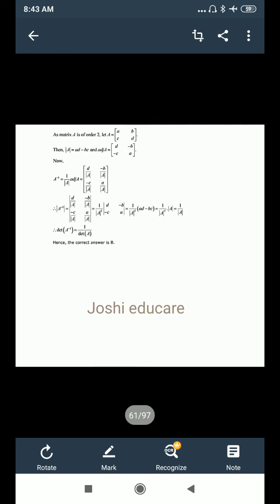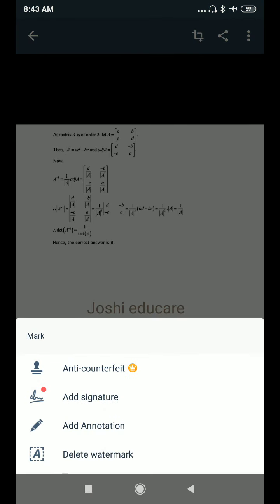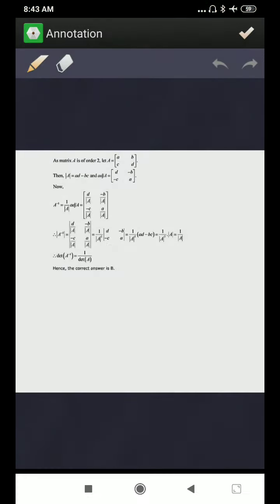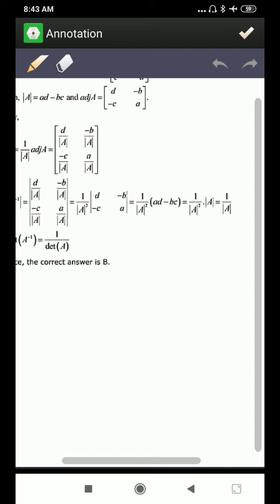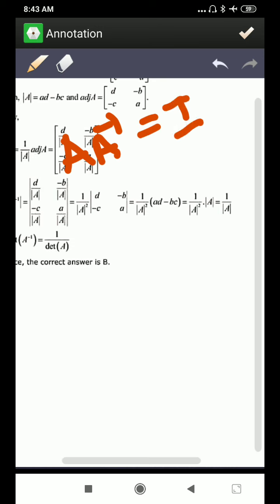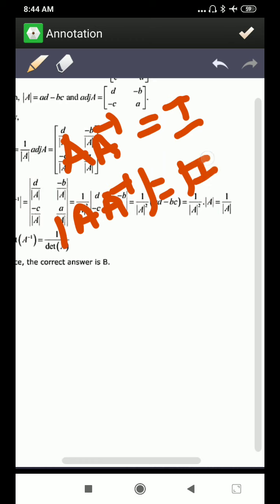I will explain this by some other method. A is an invertible matrix. So A into A inverse will be equal to identity matrix. If I take determinant both the sides, A into A inverse determinant is equal to determinant of identity matrix. We know determinant of identity matrix will be 1 only.